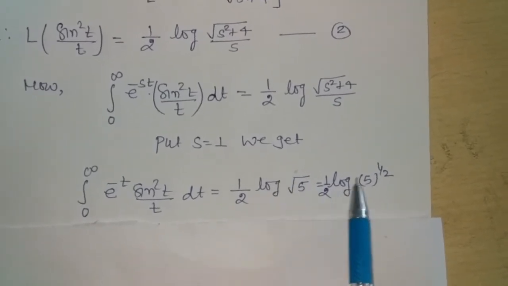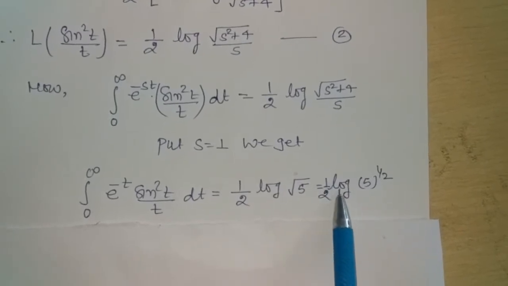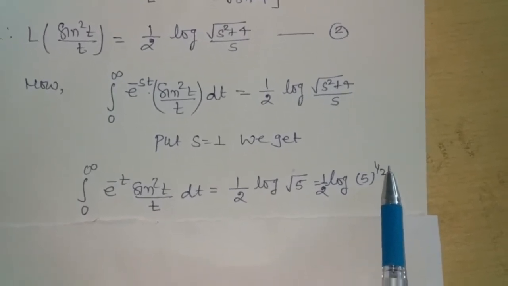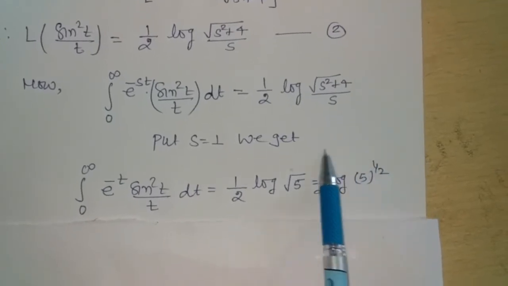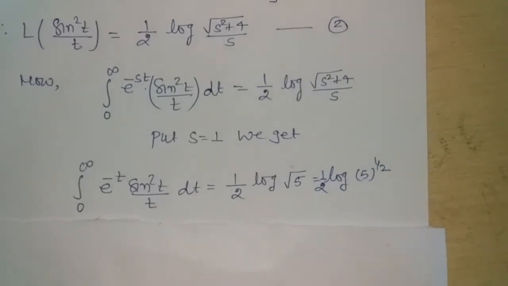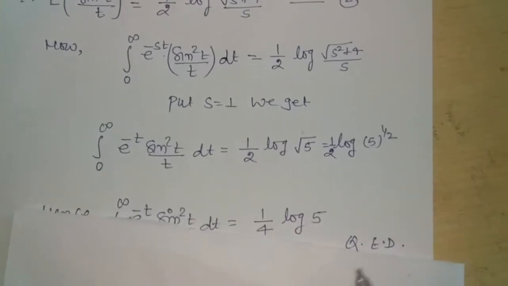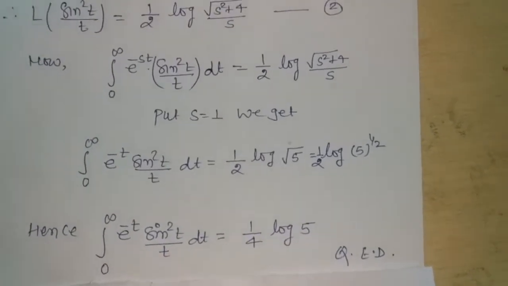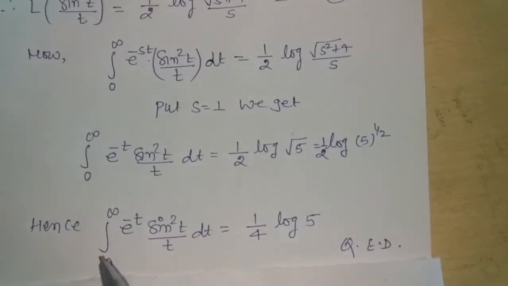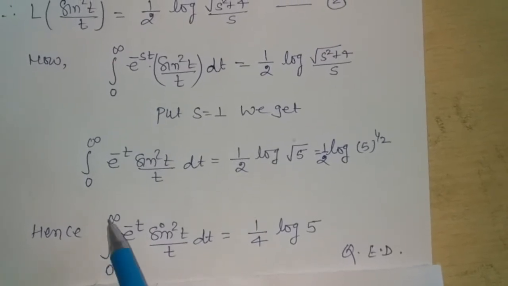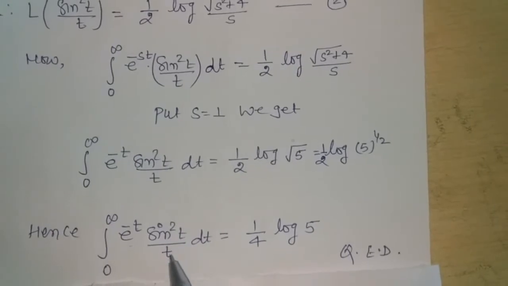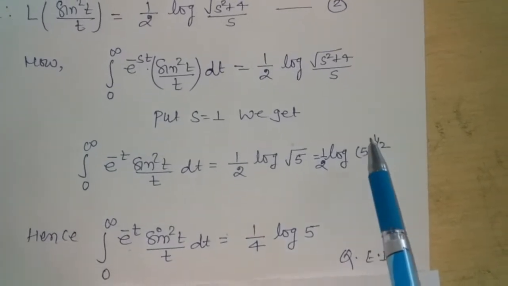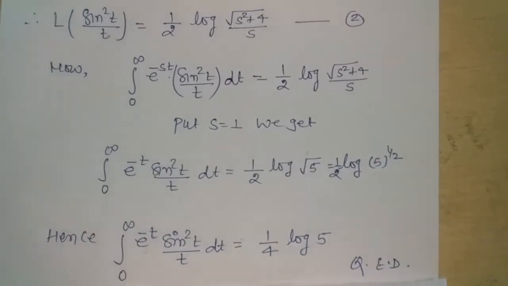Now square root is power half, so we have 1 by 2 log 5 power half, and using the property of log, this half power goes in the multiple. So finally we get the integral 0 to infinity of e raised to minus t sin square t by t dt equal to 1 by 4 log 5.